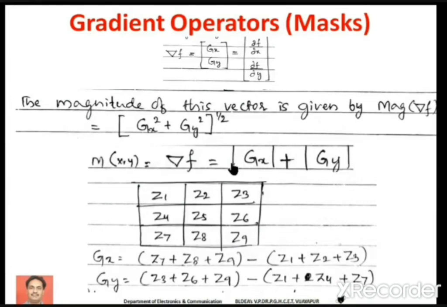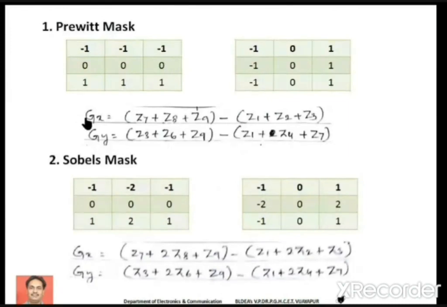And gx is simply the difference of the first and third row. Gy is the difference of the first column and the third column. Based on the mask we are going to use, we write the equation for gx and gy.